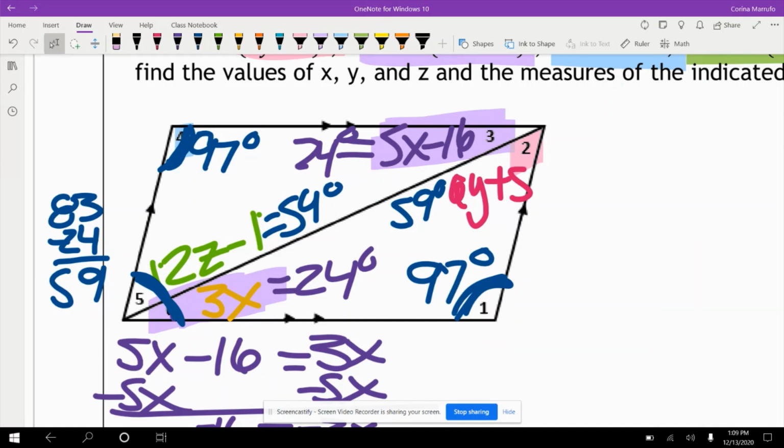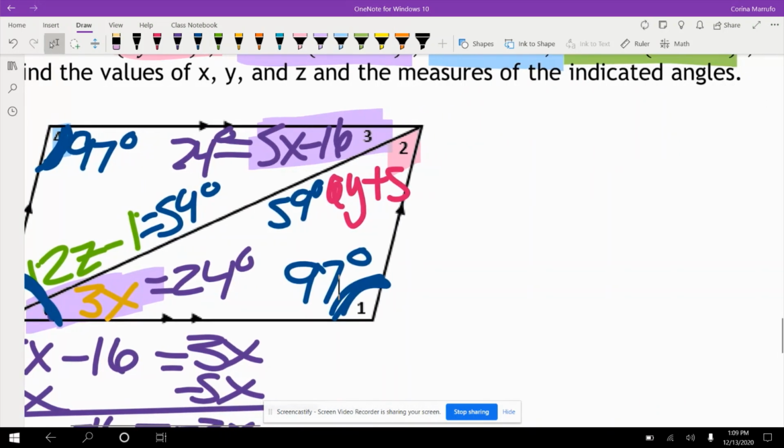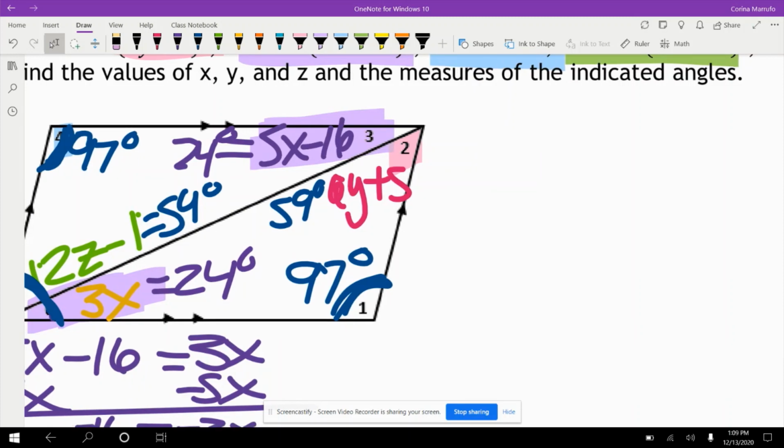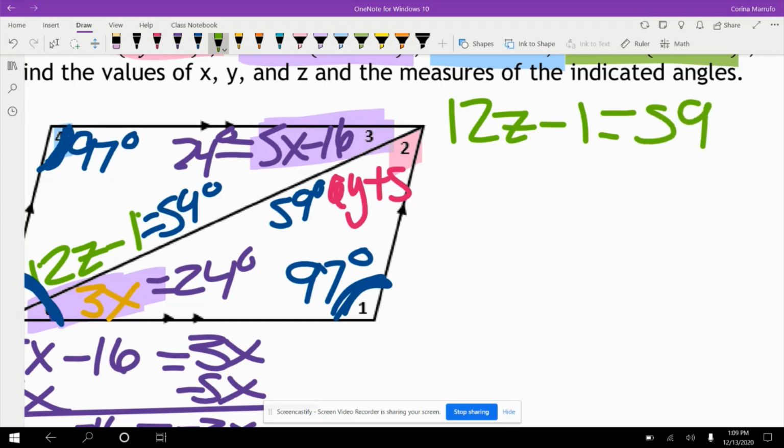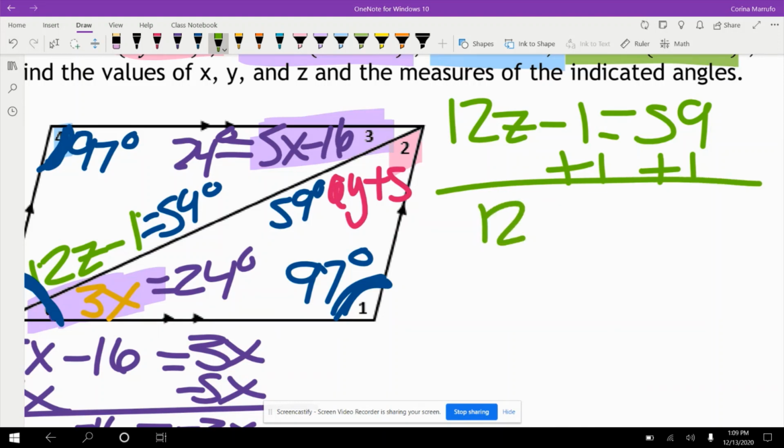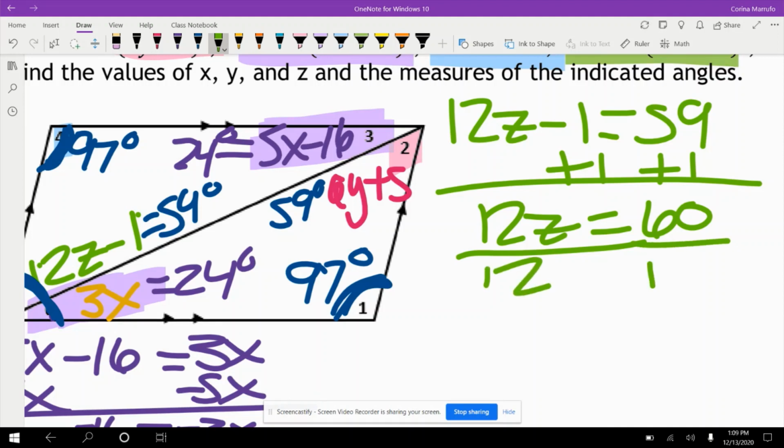Okay. So we have that angle set. Now we're just going to solve for z and for y. So starting with z, we have 12z minus 1 equals 59. We add the 1. We get 12z equals 60. We divide by 12, and we get z equals 5.